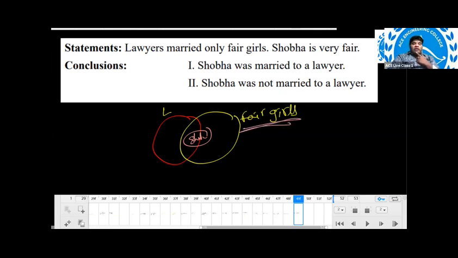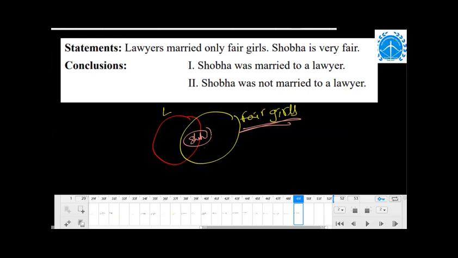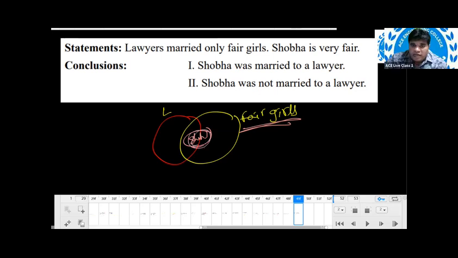Okay, Shobha was married a liar, so she is a fair girl then. Shobha was married a liar means Shobha is in the intersection. Shobha was not married a liar means Shobha is outside of the intersection.